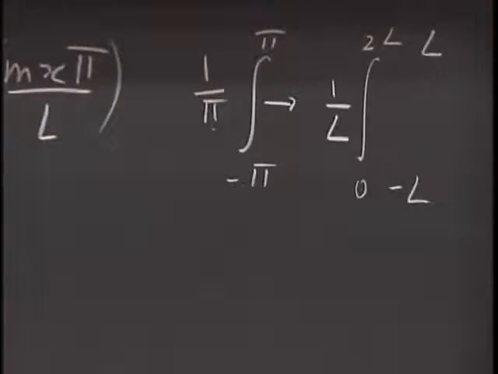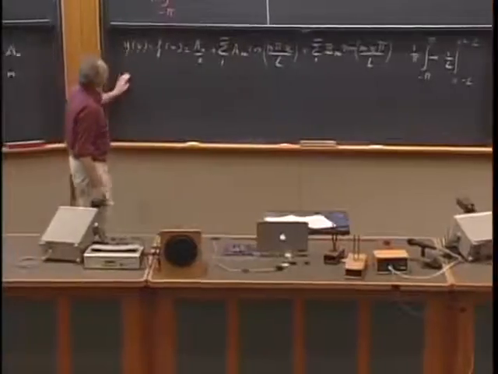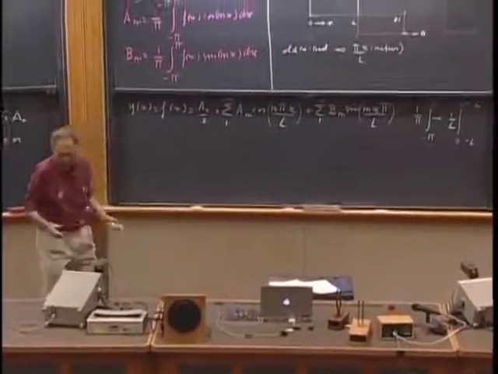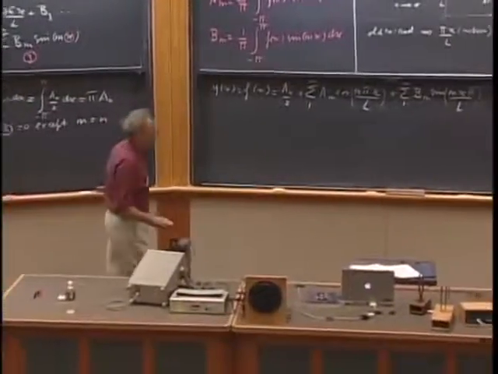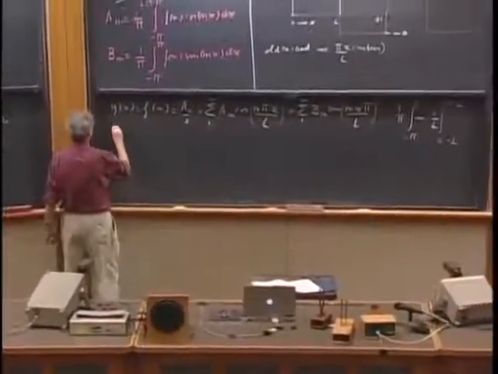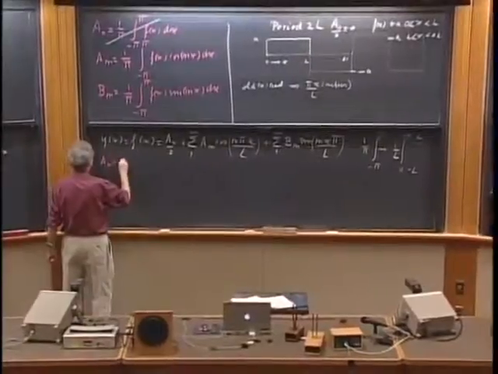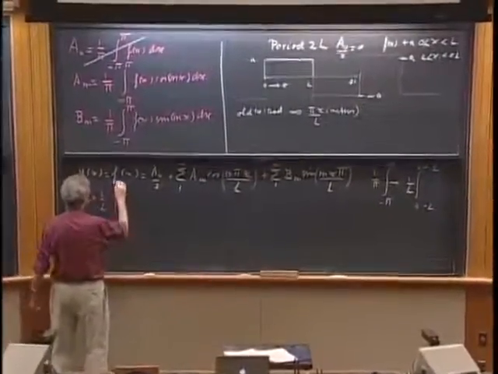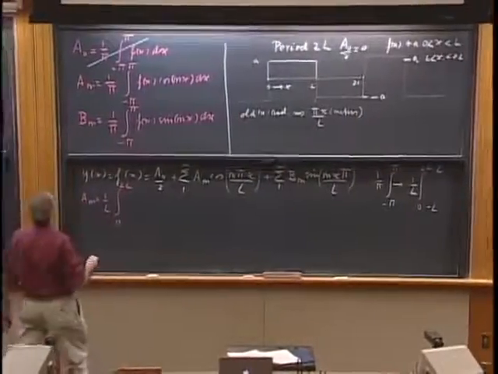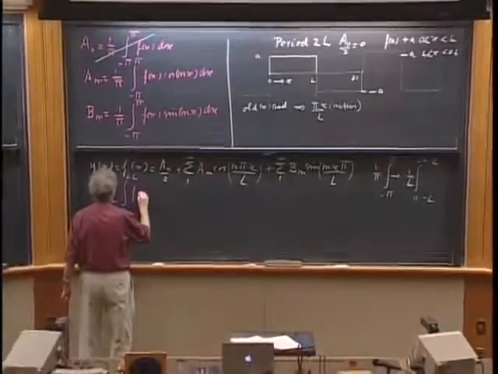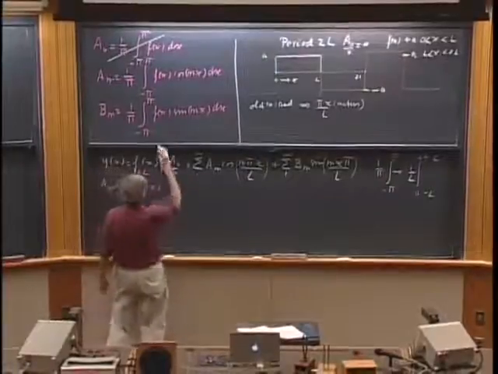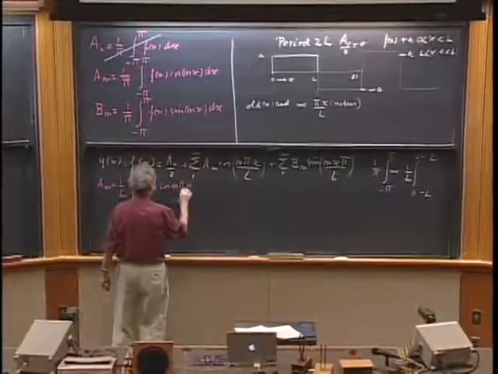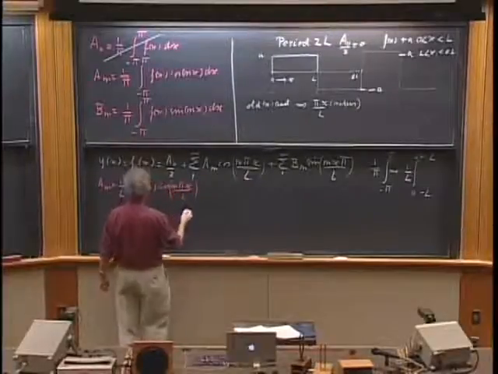And so, to make sure that you're not going to get confused, I'm going to rewrite the recipe for you, and I might as well do that again in red. So we get now that a of m is 1 divided by L times an integral, let's just go from 0 to 2L, of our function of x times the cosine of m pi x divided by L dx.